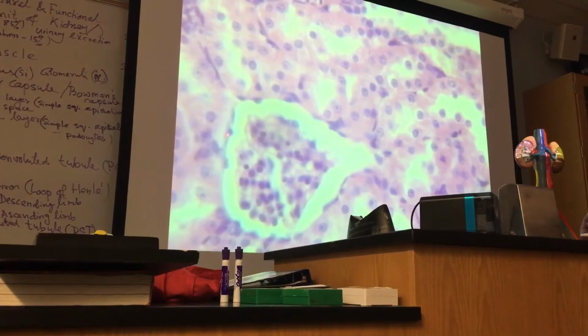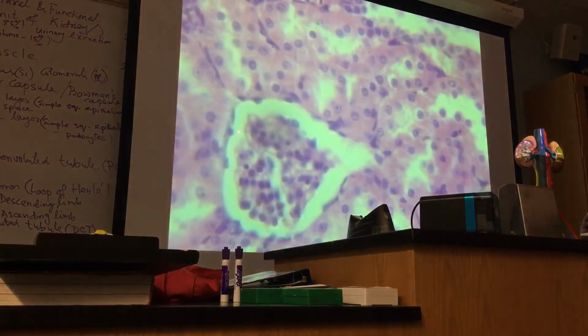You can see the nucleus is thickened, inside the capsular space here. This is the capsular space where filtrate accumulates. Filtration is done through the glomerular capillary network and the visceral layer. So here there are two layers. One layer, the visceral layer, is made of special cells called podocytes with foot-like processes, and the capillary network of the glomerulus forms the filtration membrane.